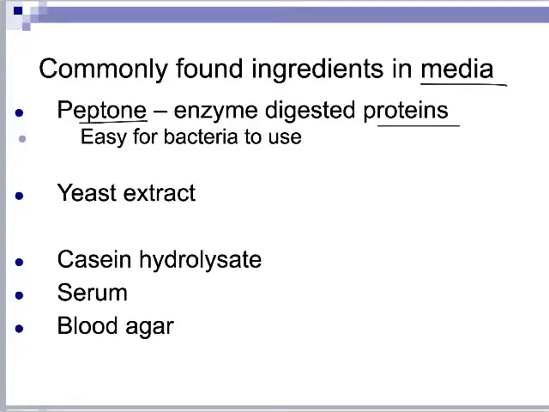So peptone is digested protein. Yeast extract is yeast that's been broken down. Casein is milk protein that's been broken down. We also give them serum from blood, which is the liquid portion of blood. And sometimes we give them straight-up blood, and that's called blood agar. We give them sheep's blood in the agar.